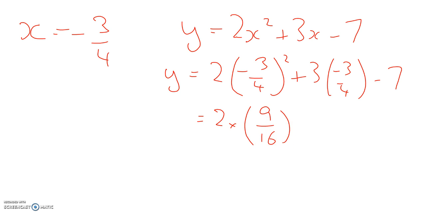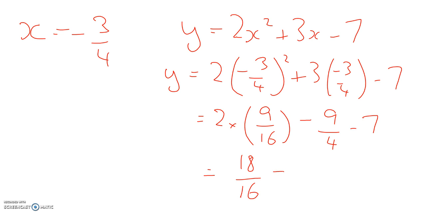This squared, 3 squared is 9, 4 squared is 16, and any negative number squared gives us a positive number. This is 3 times minus 3 gives us minus 9 over 4 take 7. Now I'm just going to put it under a common denominator of 16. So this is 18 over 16.